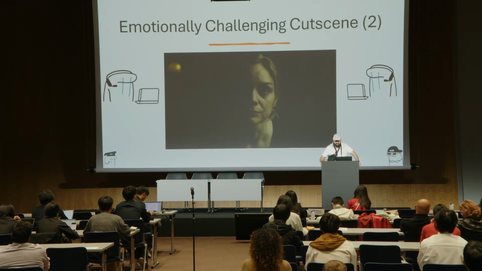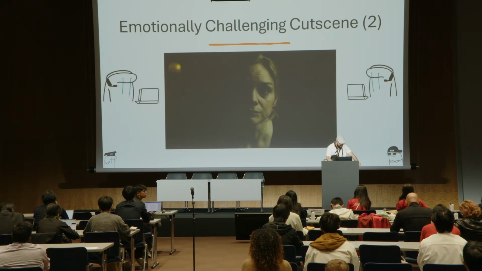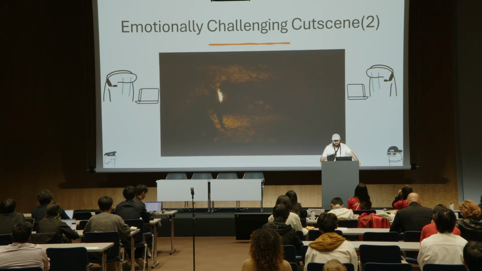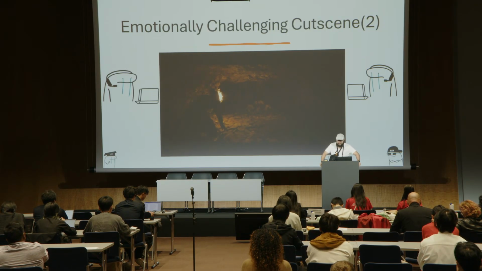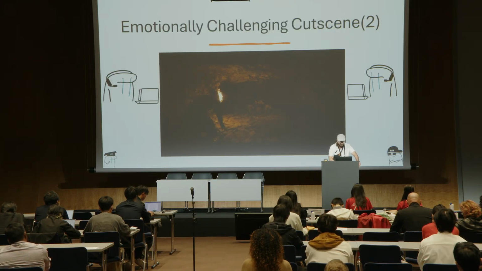So in Alan Wake 2, you have Alice Wake giving a heartbreaking speech that showcases her mental health condition, depression. And in Hellblade 2, we show a cutscene where you play as Senua, the main character, and hear multiple voices in your head and see audio-visual distortion, mimicking her psychosis condition.